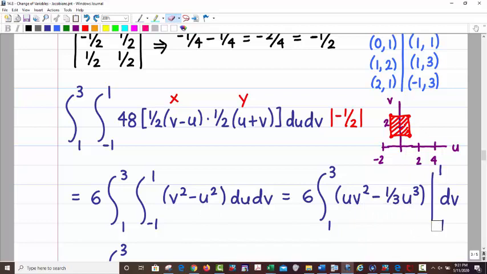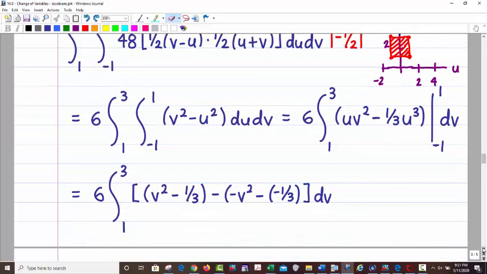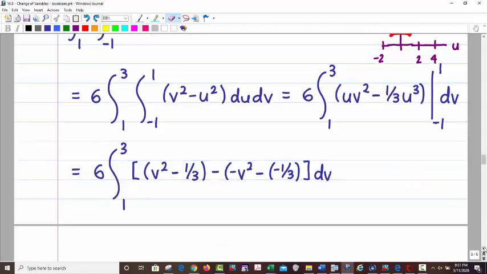So we put in a 1, we put in a -1, and we still have a variable in there though. Because the 1 goes here, the v is still there. So we have v squared minus 1/3, minus, you put in negative 1, you'll get a negative v squared, minus, you put in negative 1 here, makes that negative 1/3. It'll be minus a minus 1/3, which of course will be plus.